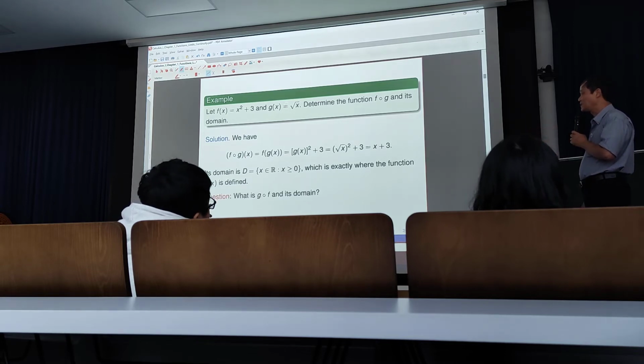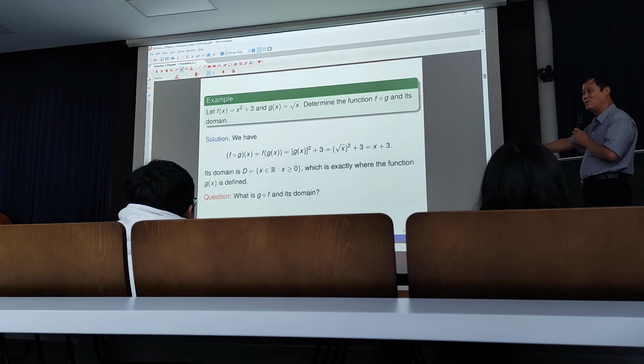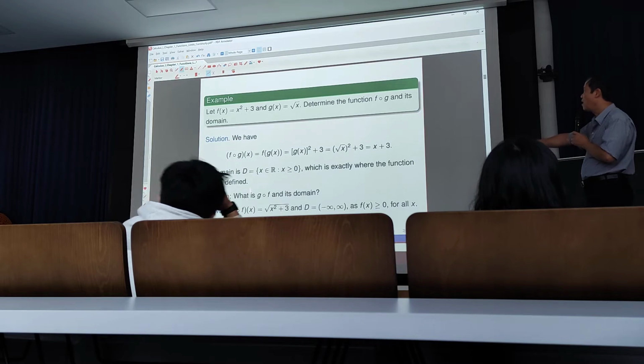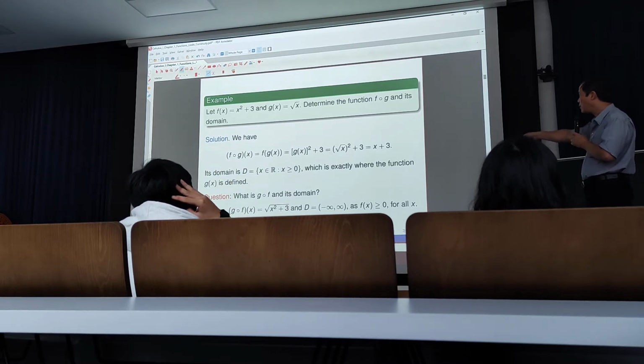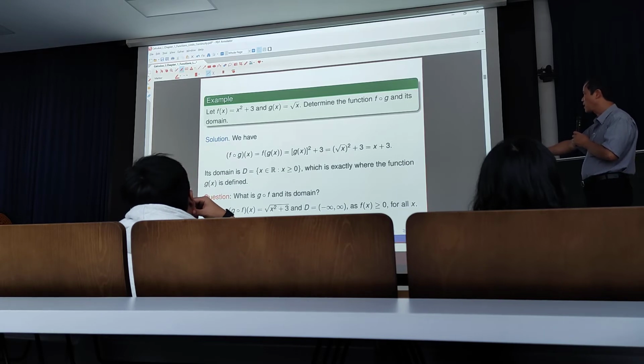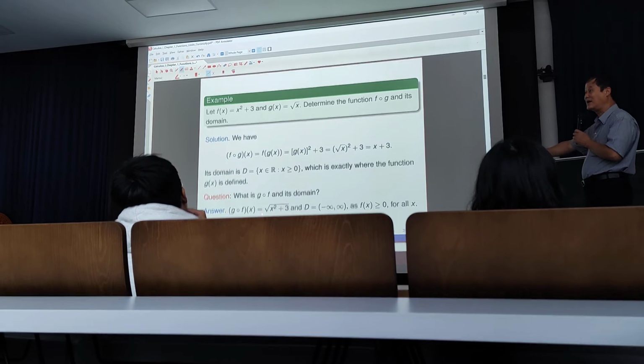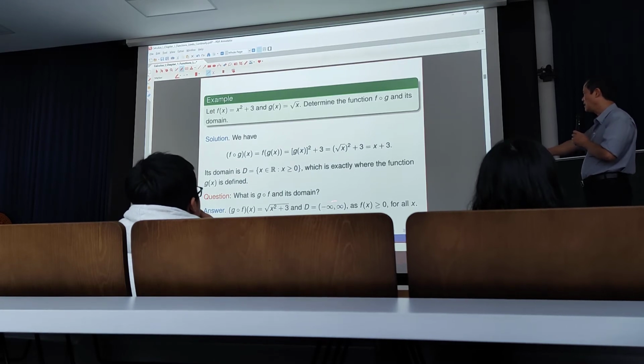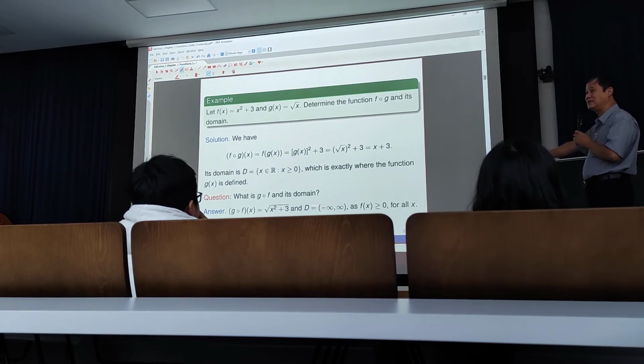The other question, how about g of f? We have to apply f first. So g of f means square root of f, which means the square root of x squared plus 3. This function is defined everywhere. That's why the domain is the real line.